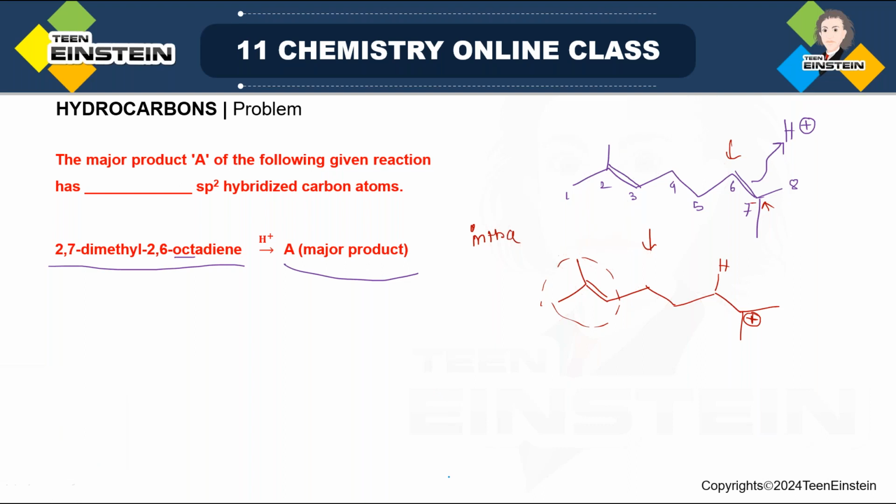So I will do another fresh numbering, and that numbering is not according to this 2,7. This numbering I am doing because based on it, it will be easier for us to draw the final ring structure. So suppose I am drawing it as 1, 2, 3, 4, 5, 6. So why am I putting numbers like this?